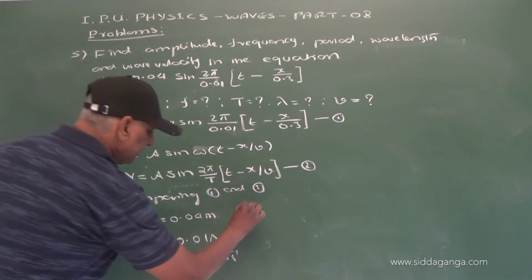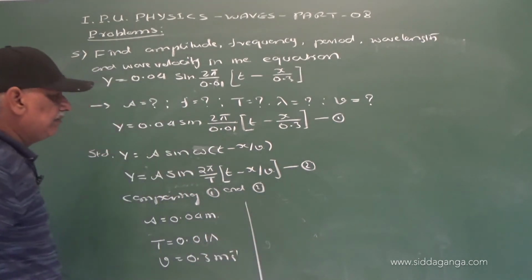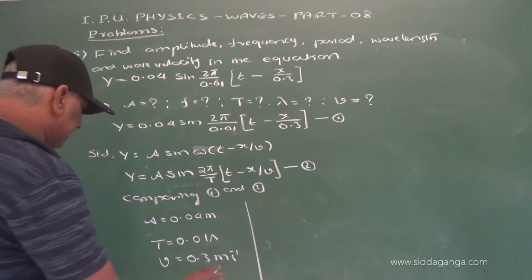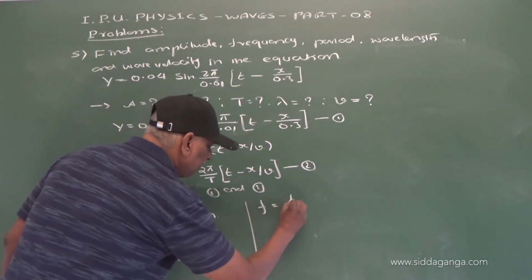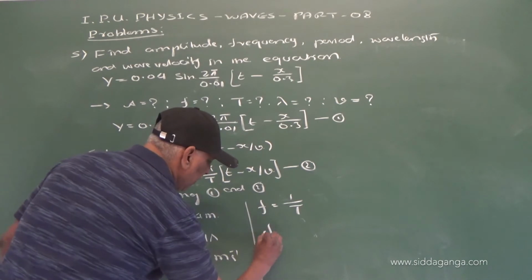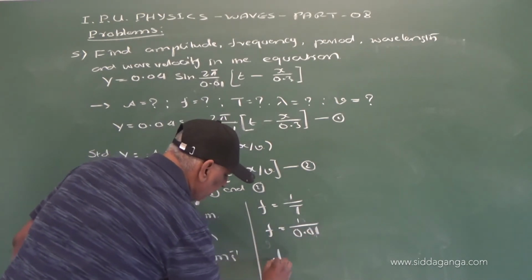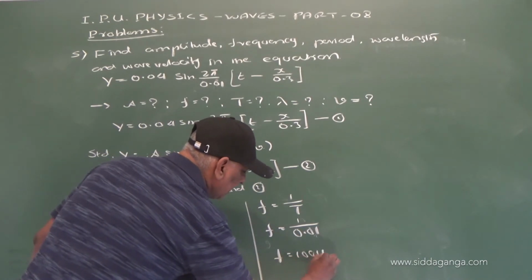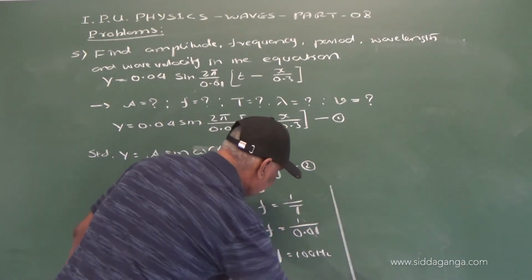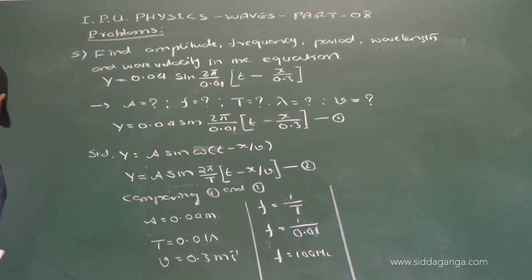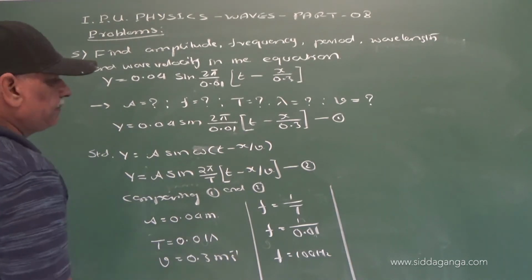Now the remaining thing is we have a frequency f is equal to 1 by T, or f is equal to 1 by 0.01, or f is equal to 100 hertz. Now we need to find the wavelength.